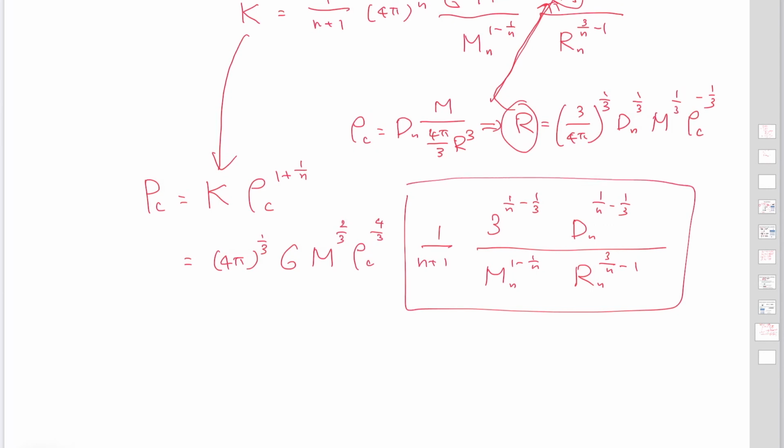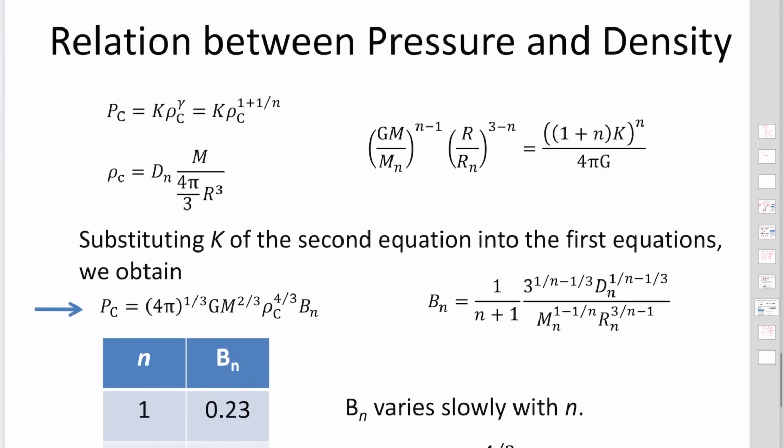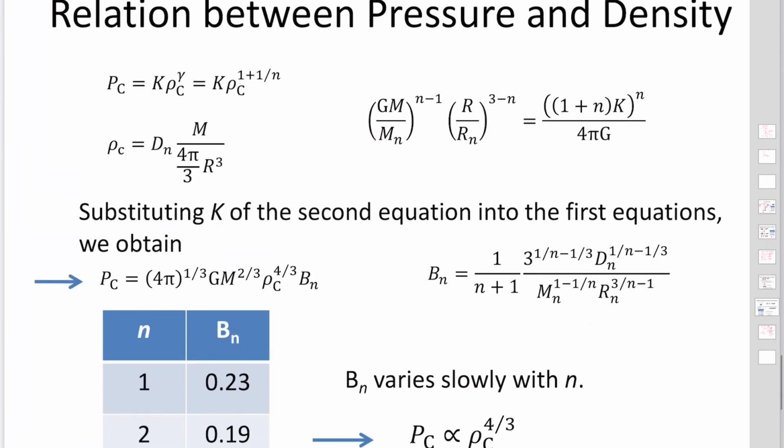We name this b sub n. Then it becomes this equation.